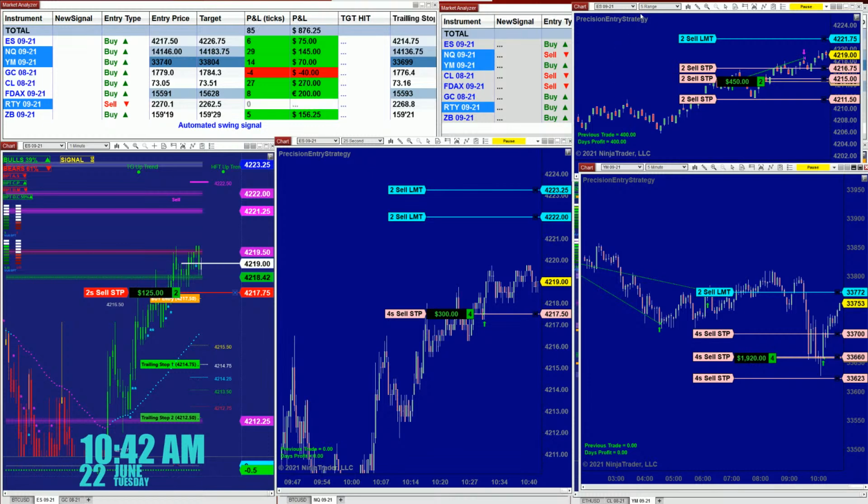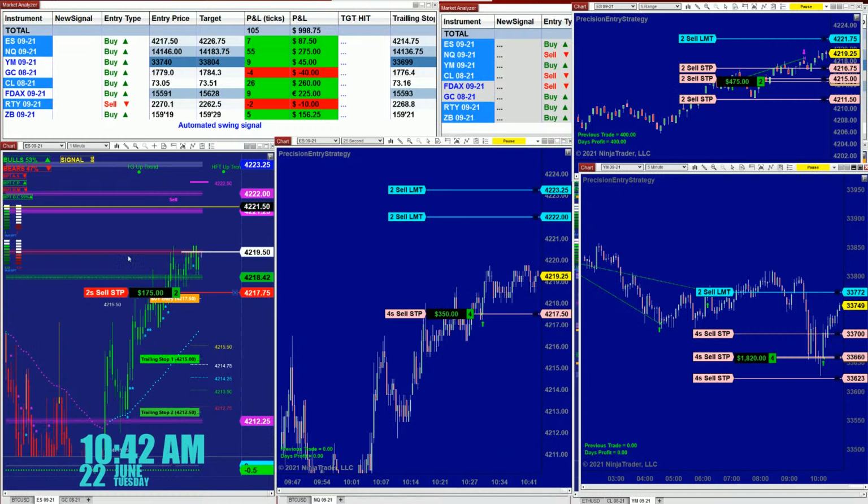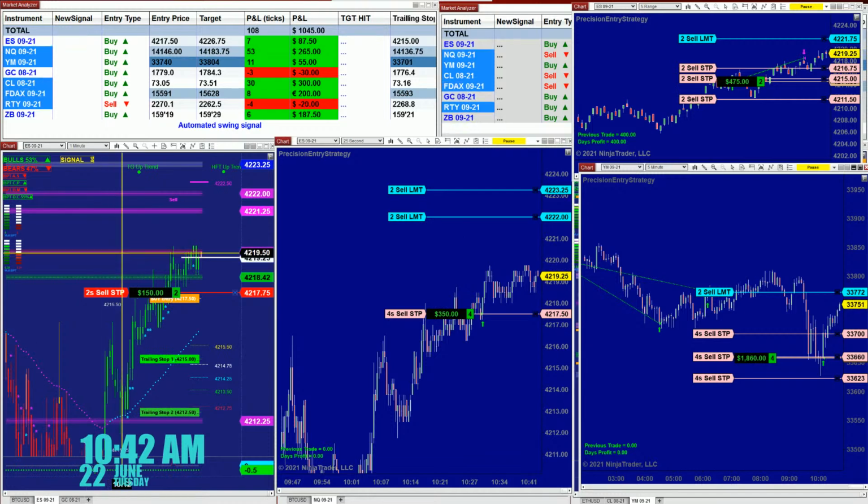If you look at the 5 range ES and the 25 second auto trading, they are both the same auto trade. They both obey the 1 minute chart.